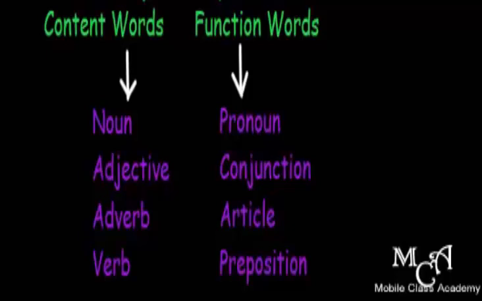For example, if I say the boy and the girl, the word and shows a relationship between the boy and the girl. So these are words. Now let us take it a step further.